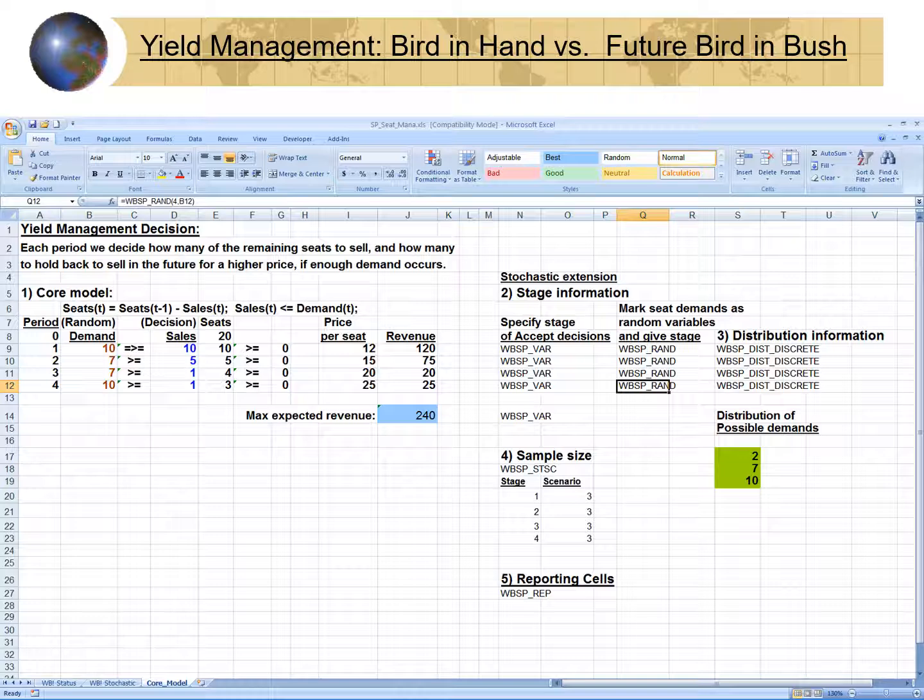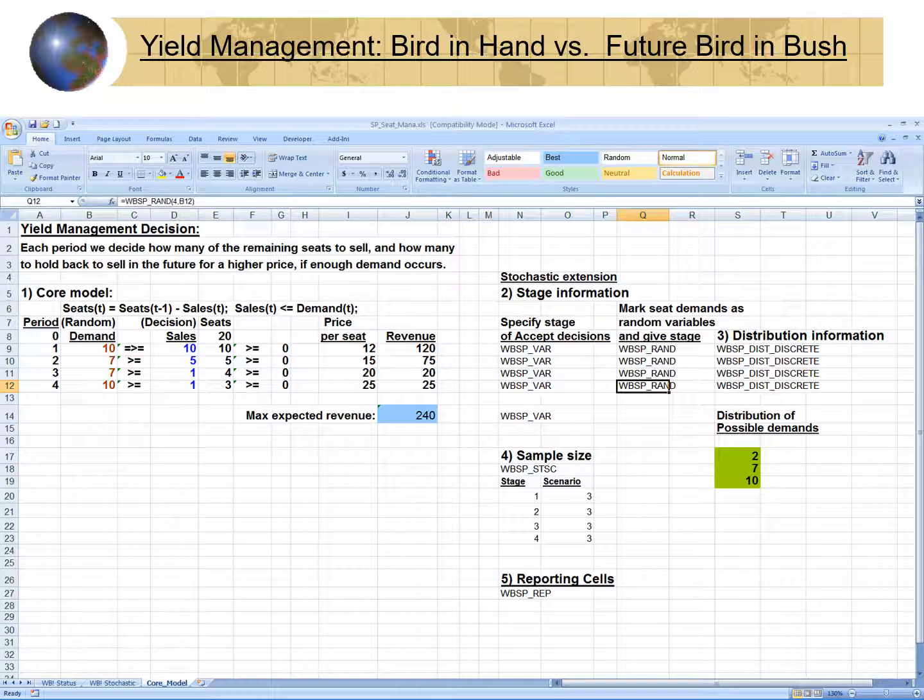Here, for example, is a yield management or revenue management kind of problem. Situation where we've got 20 seats that we want to sell over the next 4 periods, and we're going to use a policy of raising the price as we get closer to the end date, when this plane is going to fly.